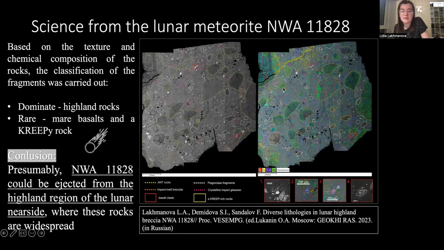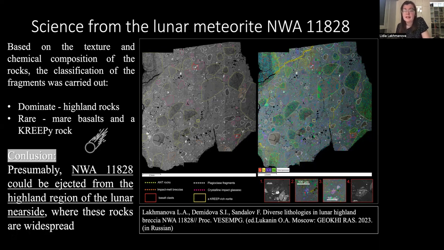On the slide, you can see the map of this thin section, and different types are outlined in different colors. As you can see, the meteorite is dominated by fragments of typical highland rocks. They are shown in green. But rare fragments of mare basalts and KREEP rock are also found. They are highlighted in red and yellow boxes.